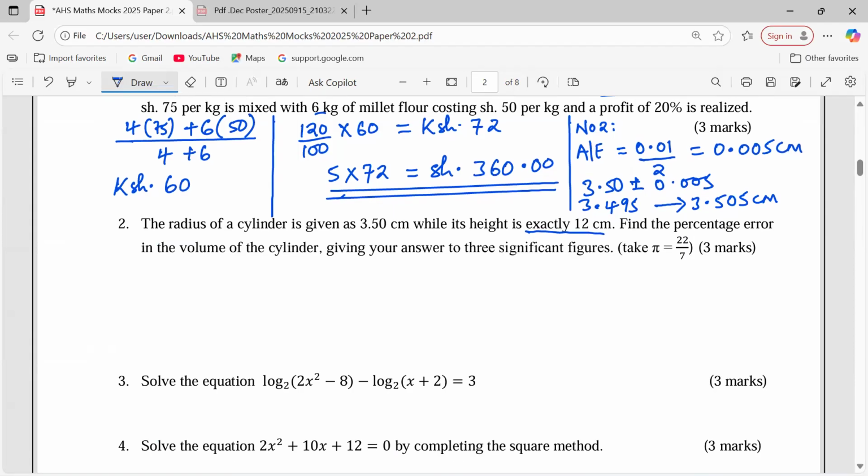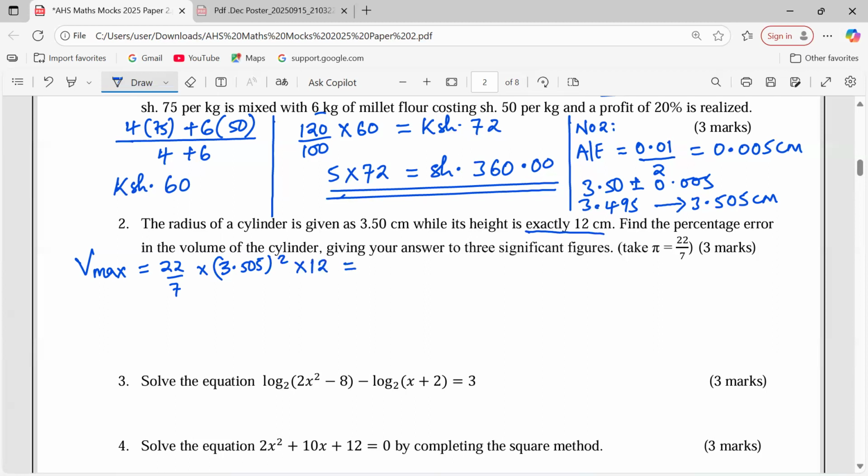So at this point now, we can find maximum volume, whereby we say that in a cylinder, to get volume, we need cross-section area times height. Therefore, pi r squared, so 3.505 squared times the height, which is exact.